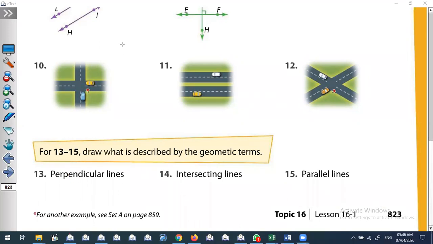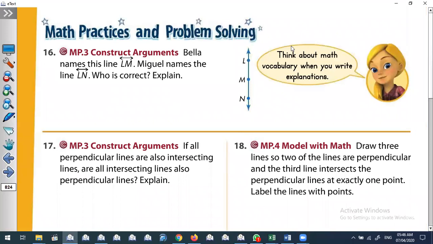Let's move to another exercise. Bella names this line LM. No problem. I can say this line is called LM. Miguel names the line LN. No problem. Who is correct? Explain. Both of them are right, because the line LM is like the line LN.